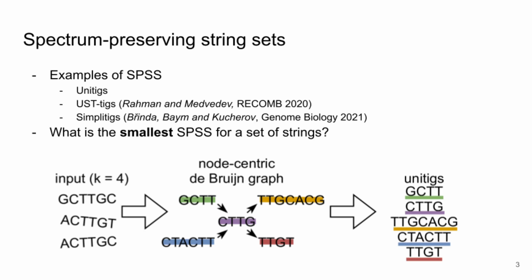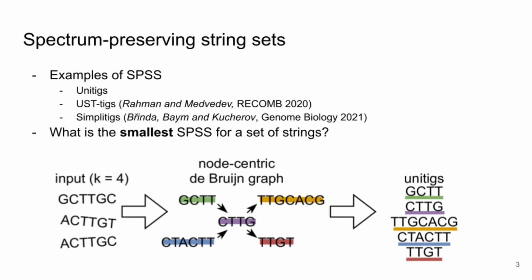So examples of spectrum preserving string sets, or SPSSs, are first unitigs. If you take the de Bruijn graph of the input, the unitigs of the graph are automatically an SPSS. Now you can also do better than unitigs, so by better I mean smaller. You can try to combine the unitigs together.